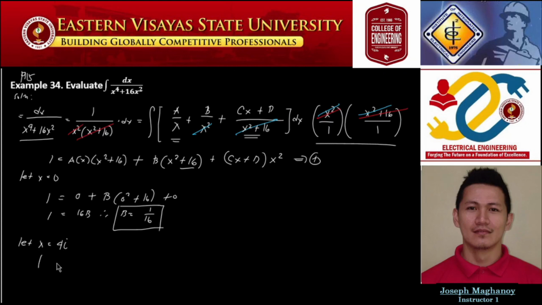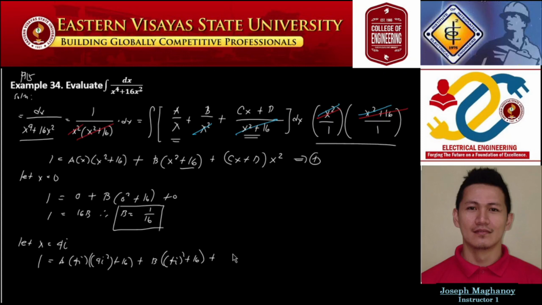So this one is equal to a times 4i, then 4i squared plus 16, plus b. We already have a value for our b, 1 over 16. So take note, 4i squared plus 16.